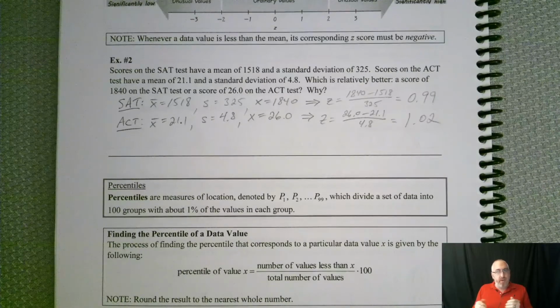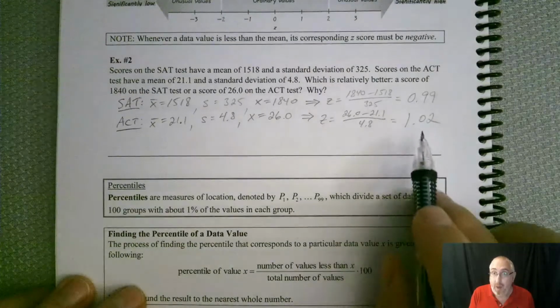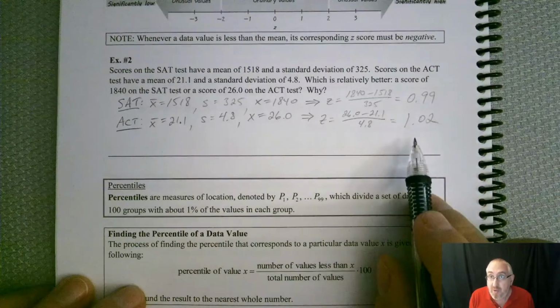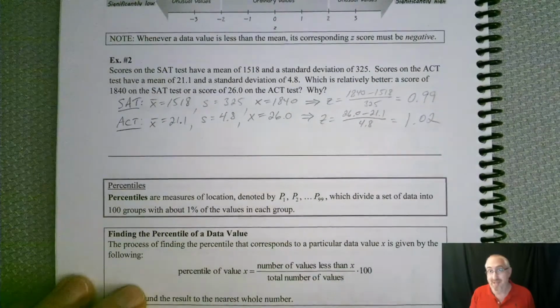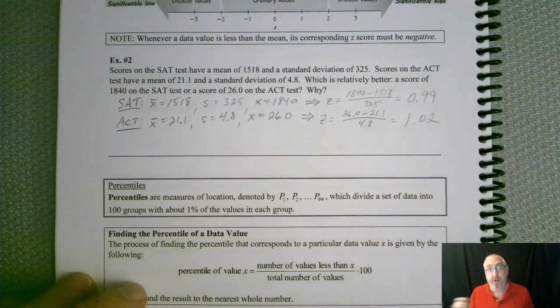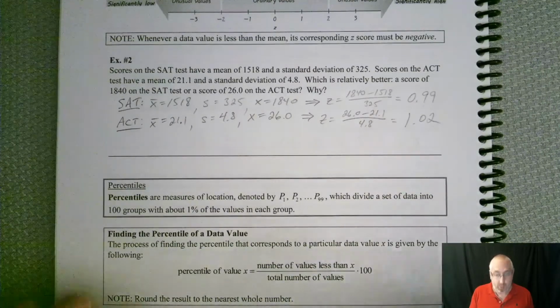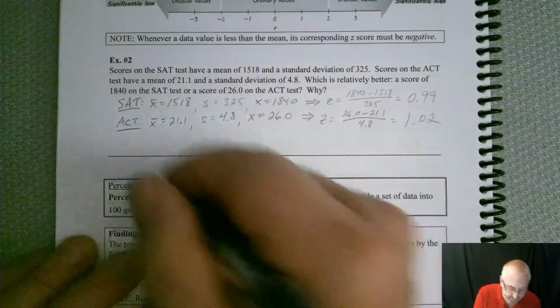Well, hopefully you're saying you want to be far away. You want to be far away on the good side, not on the bad side. So just keep that straight. Out of these two, which one's further away from its mean? Well, the 1.02 is a little bit further away, not much, but a little bit further away on the good side from the mean. So this would tell me that 26.0 is better.